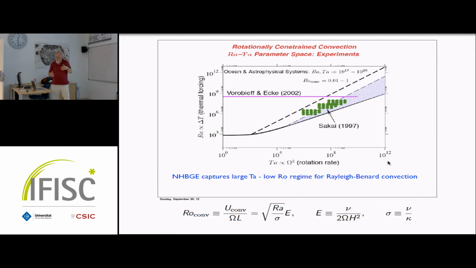That's a parameter that's used to measure the energy input, the strength of the forcing of the system. And on the horizontal axis is a measure of the rotation rate. Now, if you're below this black line, the conduction state is stable. You have to exceed that black line in order to get convective instability. So this is well known. This goes back to the work of Chandrasekhar, for example.